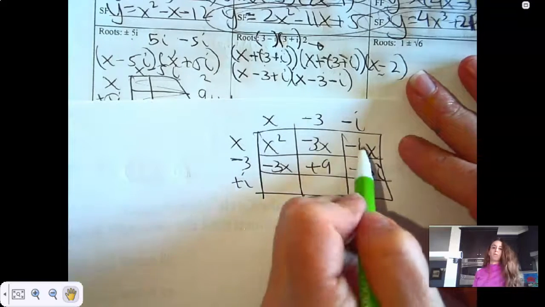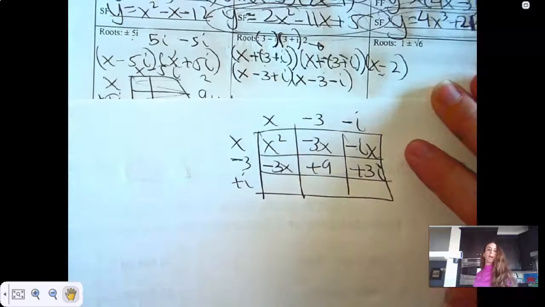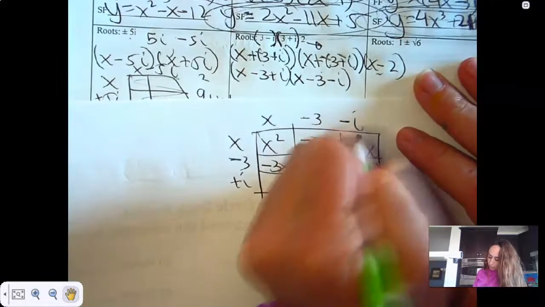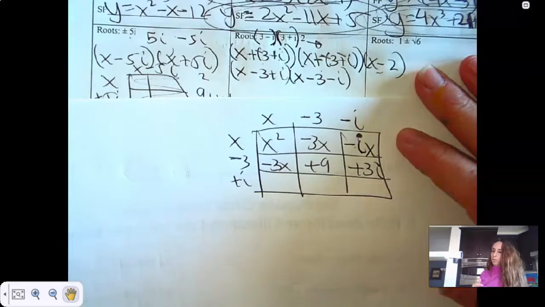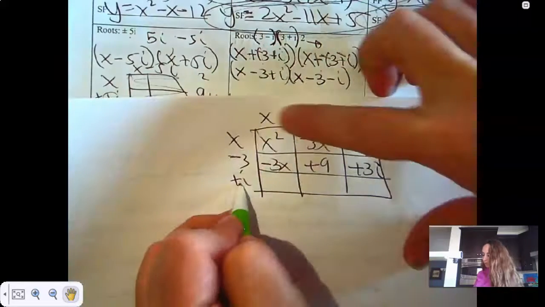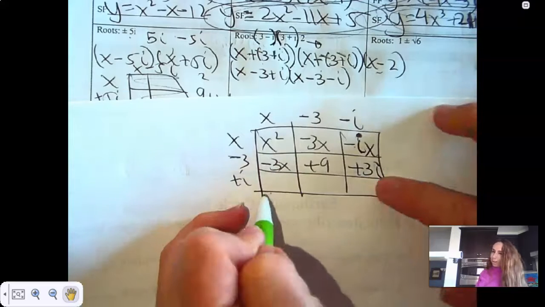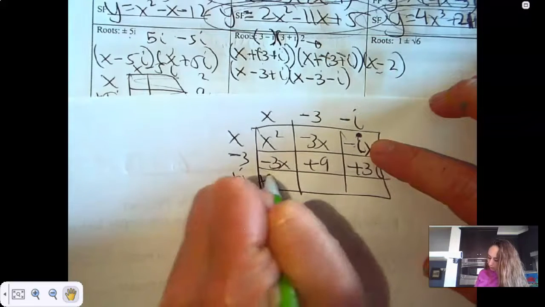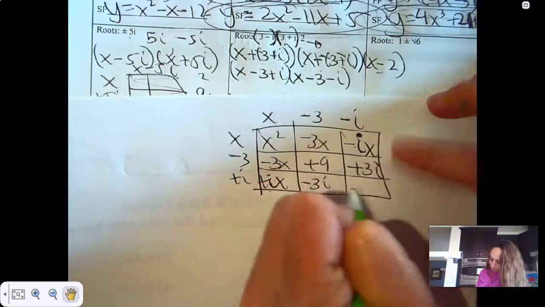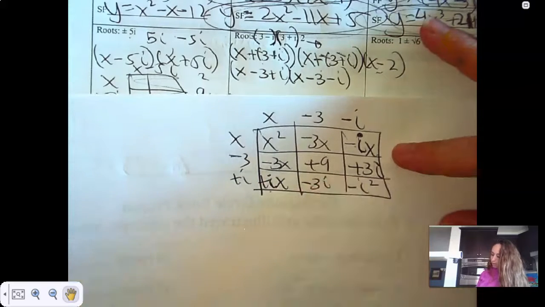And some of you go, what do you put first, the i or the x? Well, you put the i first, but if you're not sure, just make sure you're consistently the same so that you can see how things are similar and different. Like, see how we go plus ix? Don't put xi, or you won't see how these two are similar. Plus ix minus 3i minus i squared.